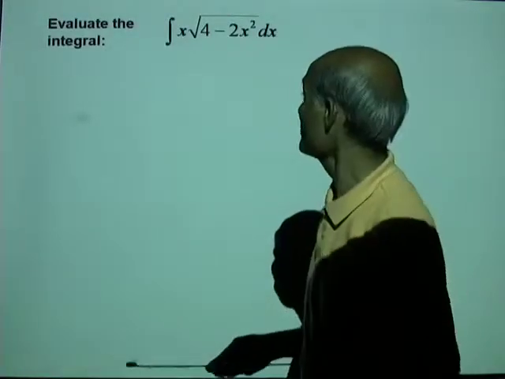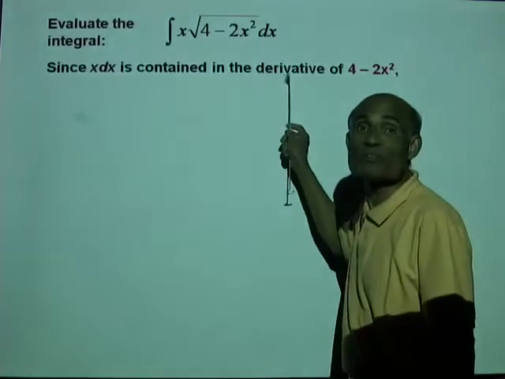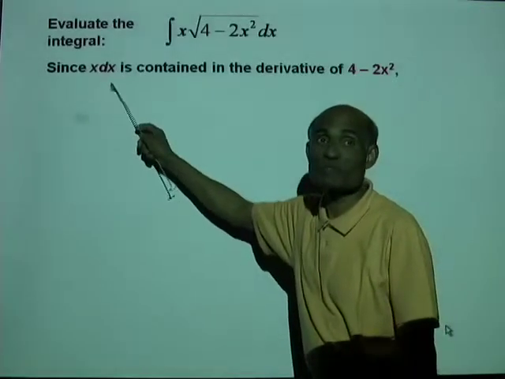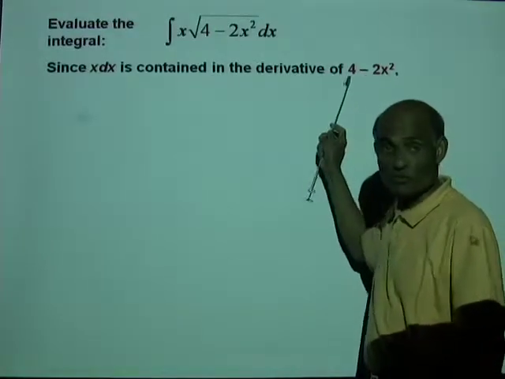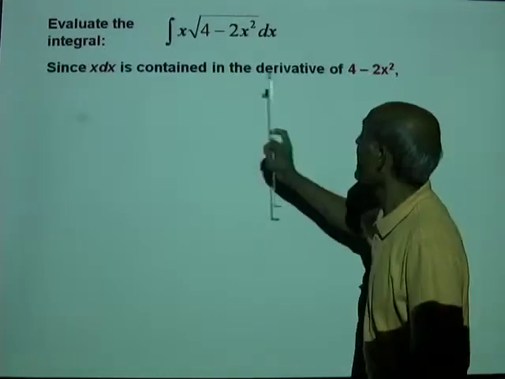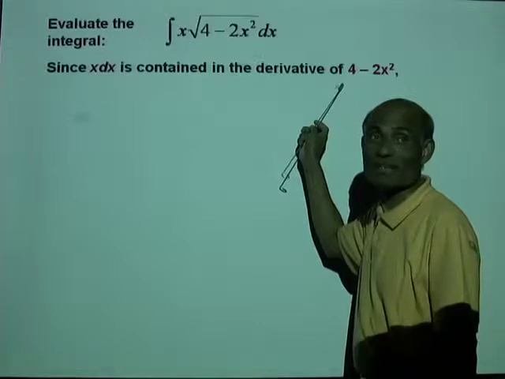That's right. So let's do that. Since x dx is contained in the derivative of 4 minus 2x squared, I hope you understand what I'm saying. If you find the differential, which is a form of derivative, of 4 minus 2x squared, then x dx is part of that. Is that right?